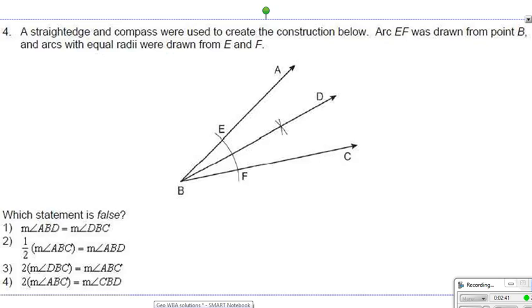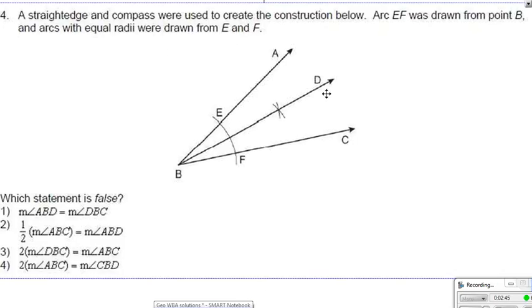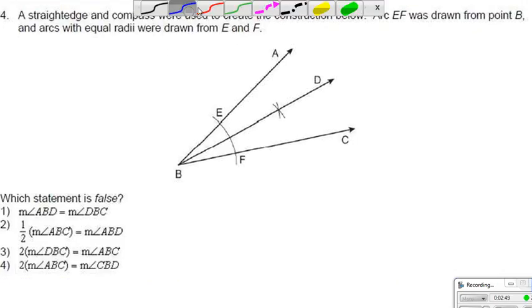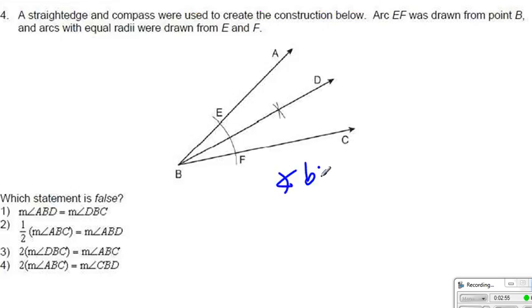Alright, next, number 4. Here, by looking at the sketch, this is the angle bisector. You see the angle arc has been drawn. So this is an angle bisector construction. That means this angle must be congruent to that angle. Now here, which statement is false?